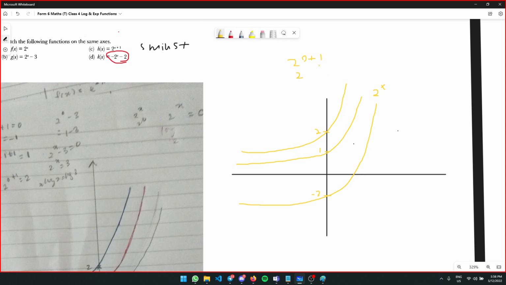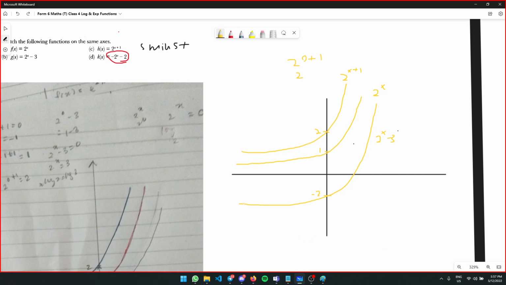There's a label here. I already labeled this as 2x. This will be 2x minus 3. This will be 2x plus 1. Then finally you have this one.